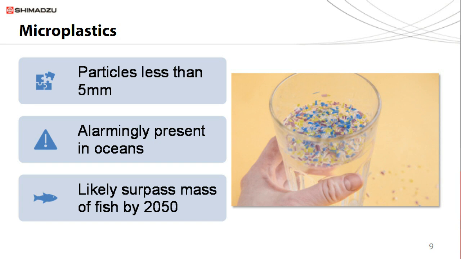According to a recent perspective paper, the most pessimistic estimates suggest that by 2050, the mass of microplastics in aquatic habitats will surpass that of fish. As Ruth mentioned earlier, with the heavy increase of single-use plastic in the last year, and as we continue to use them more and more, this could very likely happen earlier than 2050.